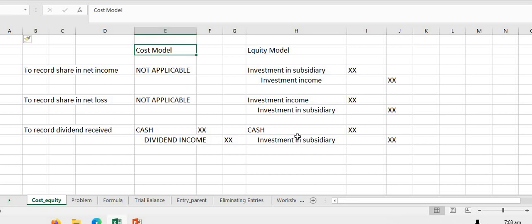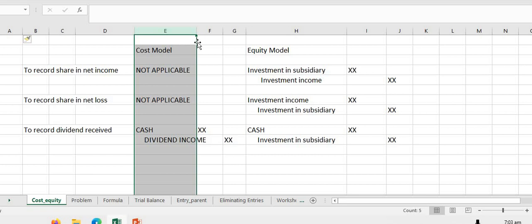To summarize, under the cost model, the investment account subsequent to the date of acquisition does not change, since the investment account will be reported at its cost at the date of acquisition.